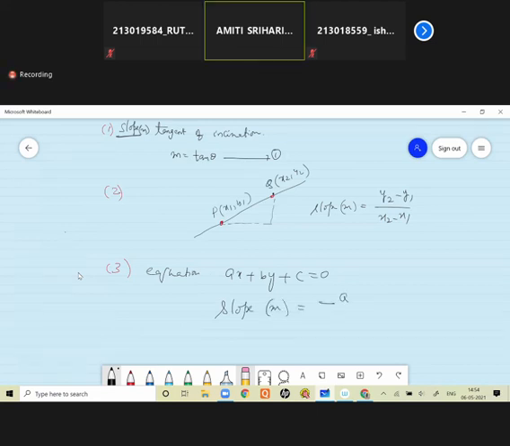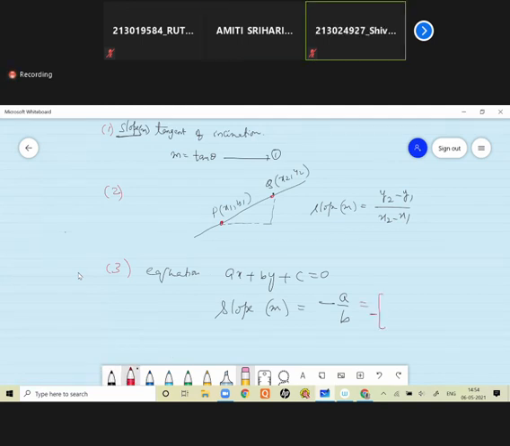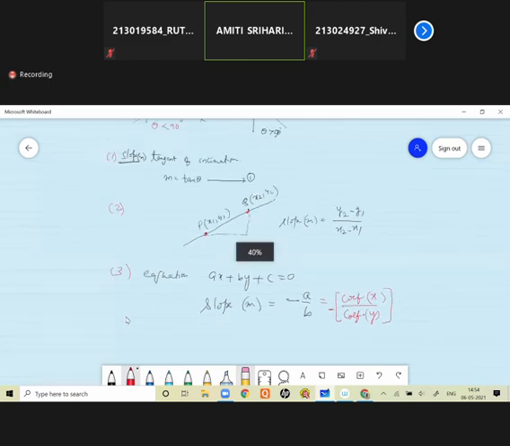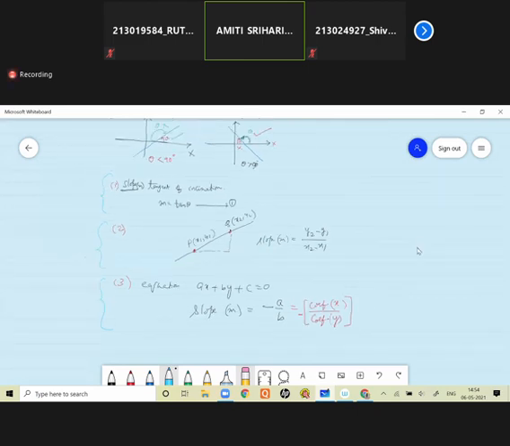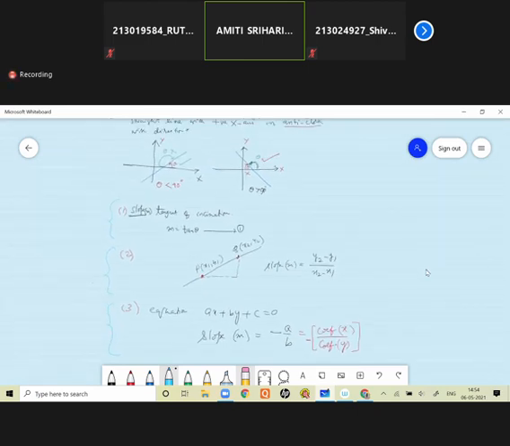That means minus of coefficient of x by coefficient of y. Understood? These are the three formulae to calculate the slope. Please note it down. This is about slope and inclination.